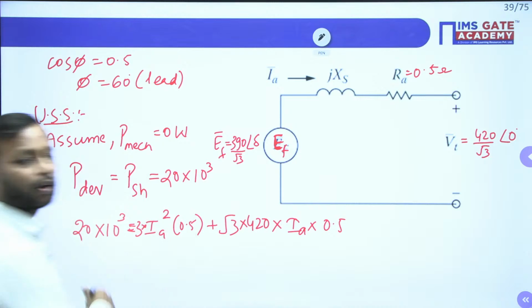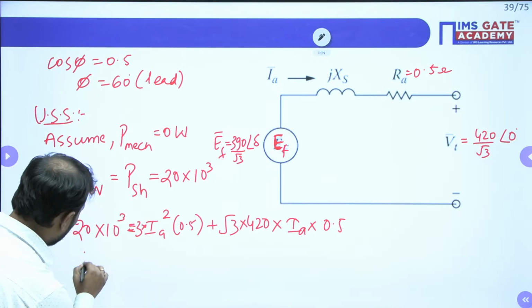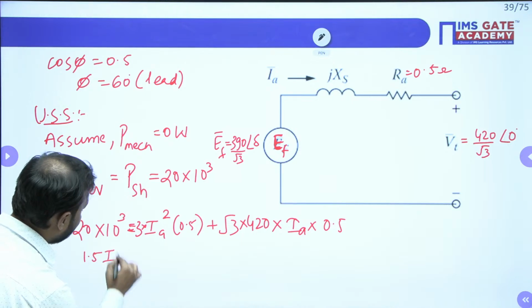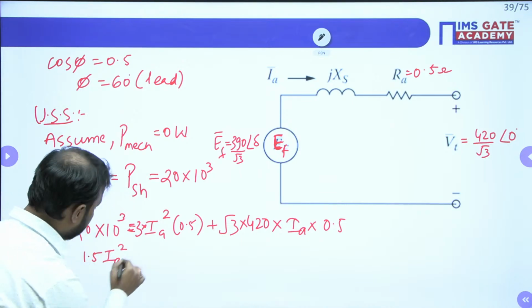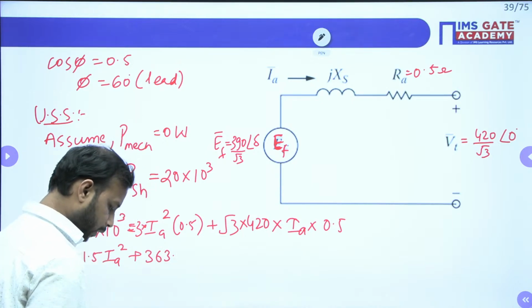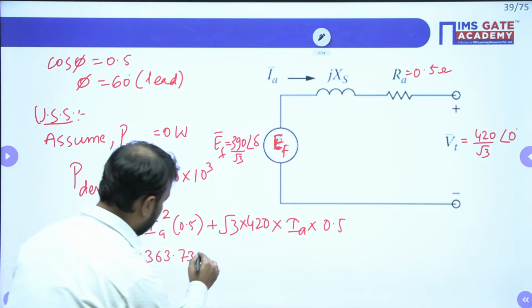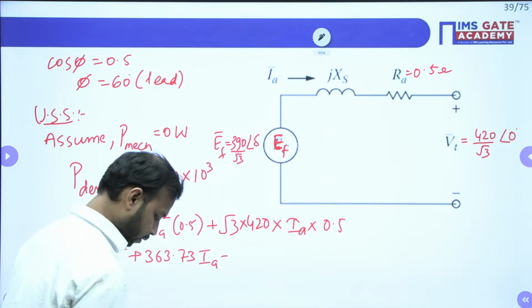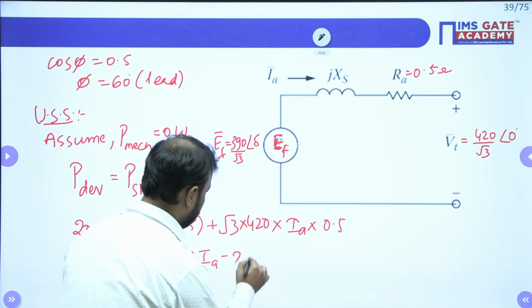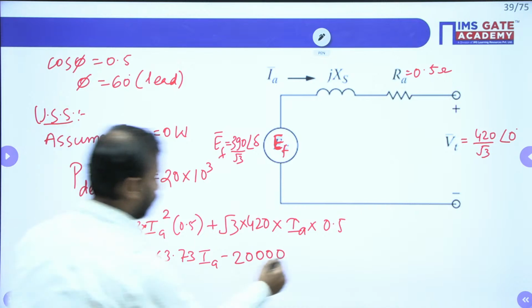So from here you will have the quadratic expression as 1.5 IA square plus 363.73 IA minus 20,000, this value equal to 0.